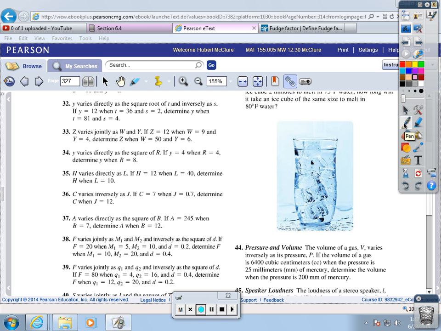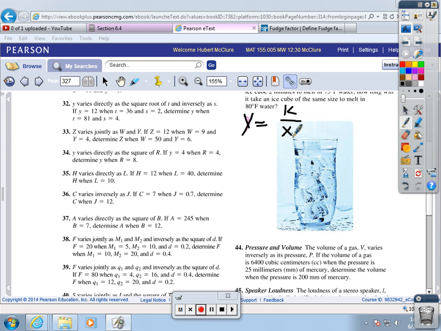We've got number 36. C varies inversely as J. So we're going to use y equals what? k over x. Okay, so we've established our variation, but we've got to convert it to our question.